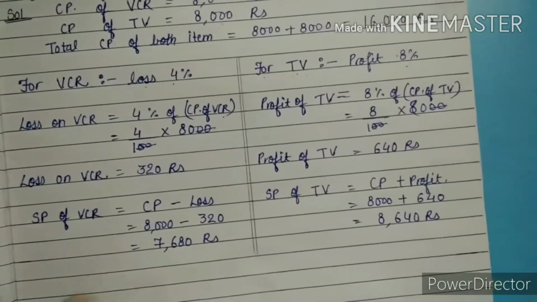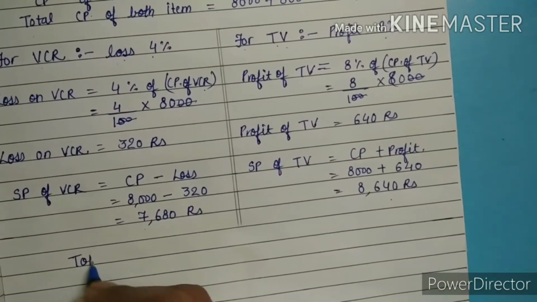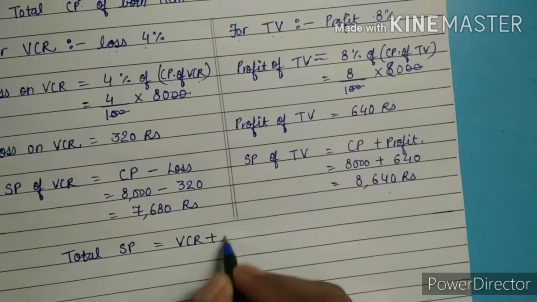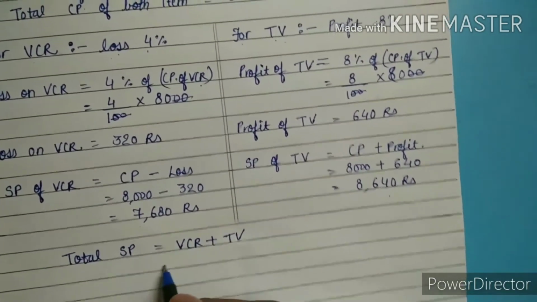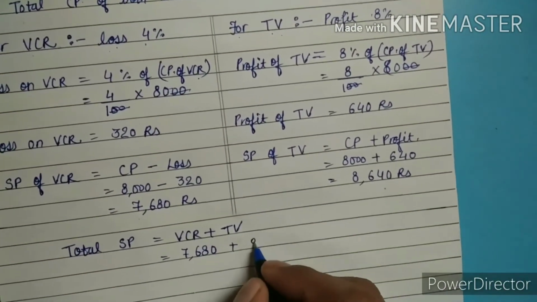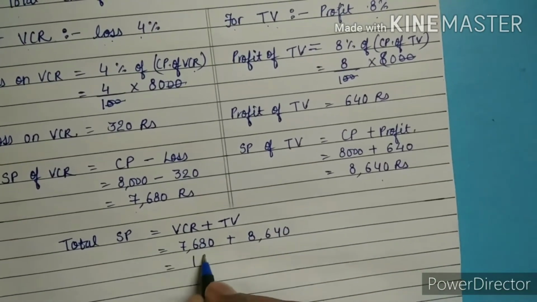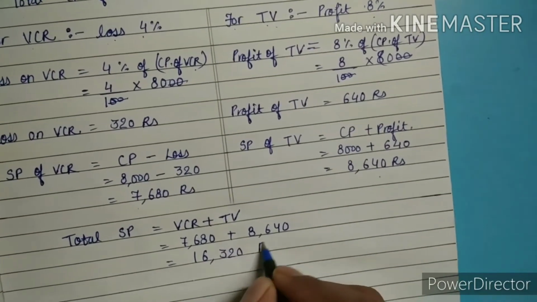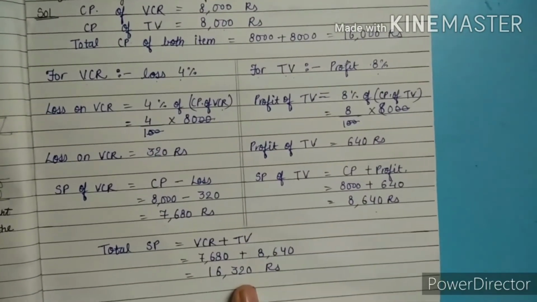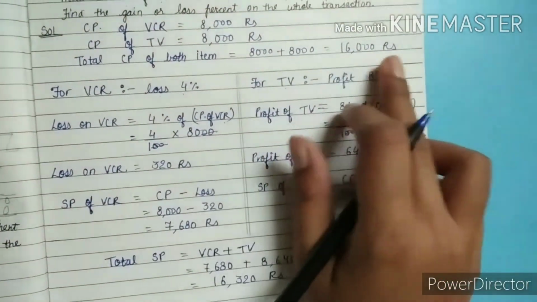Now after taking the selling price of VCR and selling price of TV, we will get total selling price, VCR plus TV. VCR selling price is 7680 rupees and TV is 8640 rupees. After adding them, we will get 16,320 rupees.